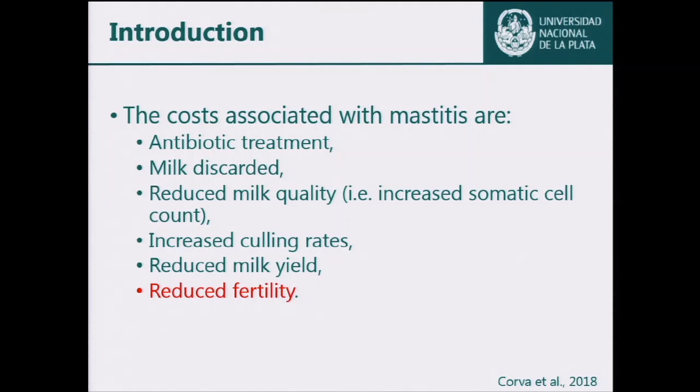And just to look at the cost associated with mastitis, most people think about antibiotic treatment, milk discarded, reduced milk quality, increased culling rate, and reduced milk yield, but very few works are looking at the relationship between mastitis and reproduction. So that's what I'm going to try to cover today.